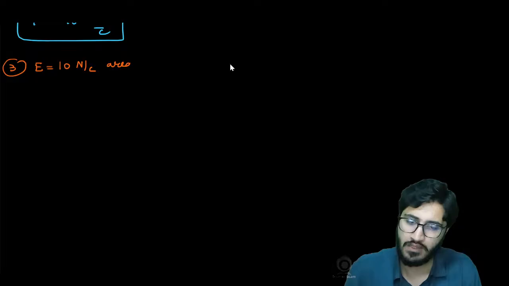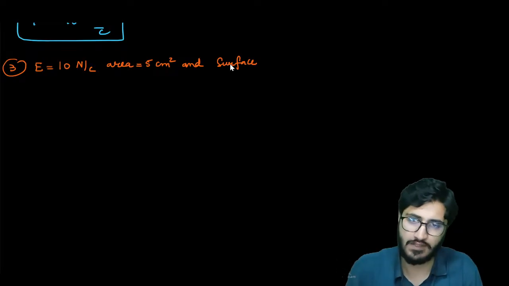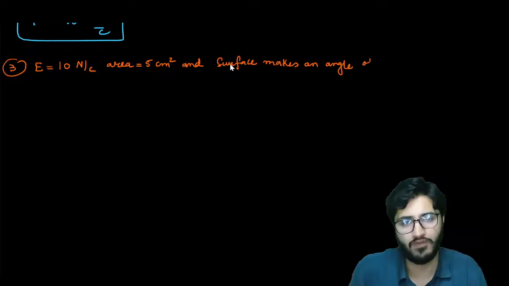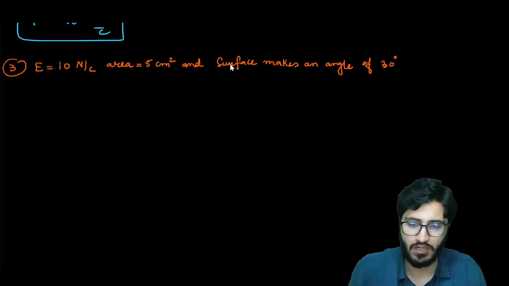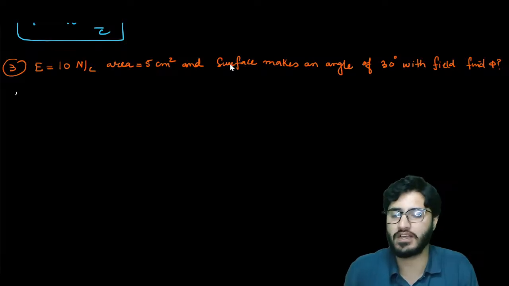Area is equal to 5 centimeter square, and the surface makes an angle of 30 degree with the field. Find the flux.